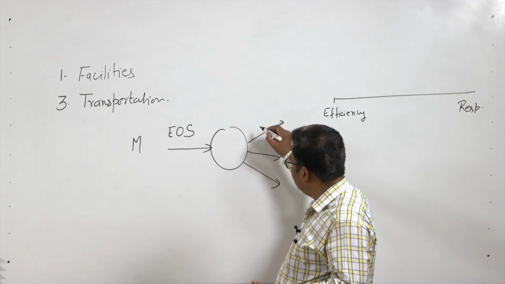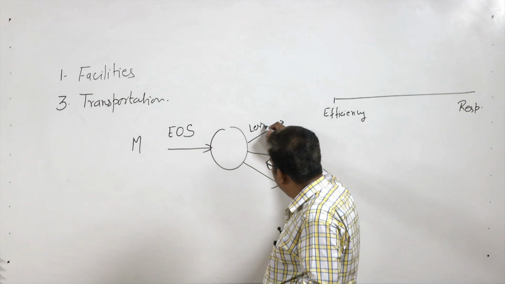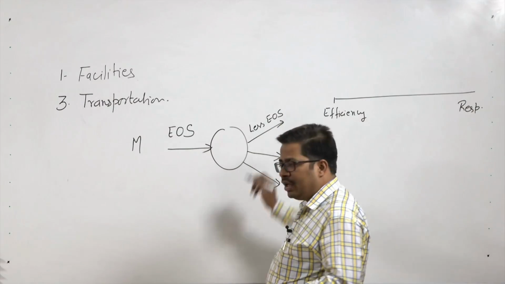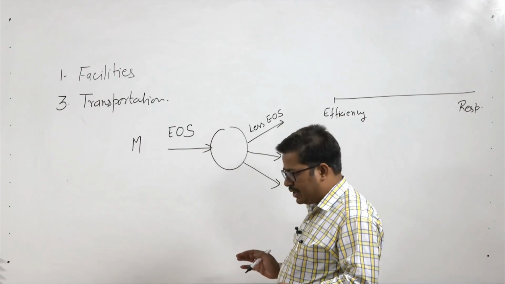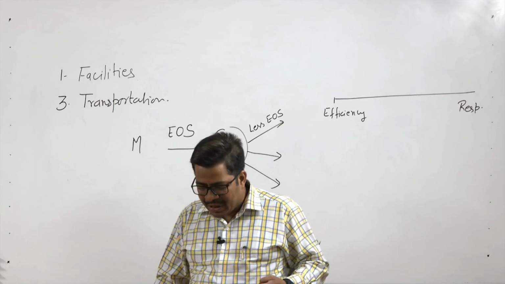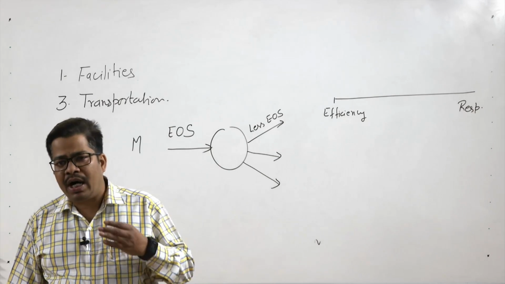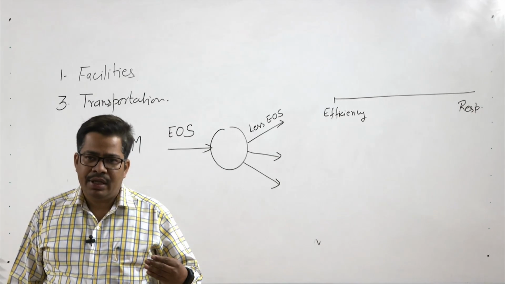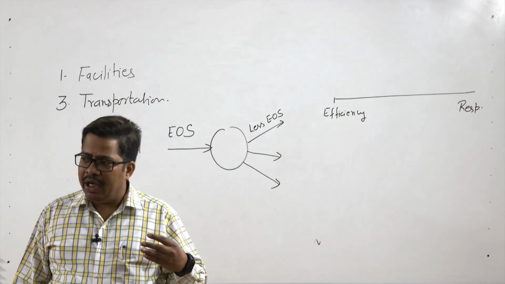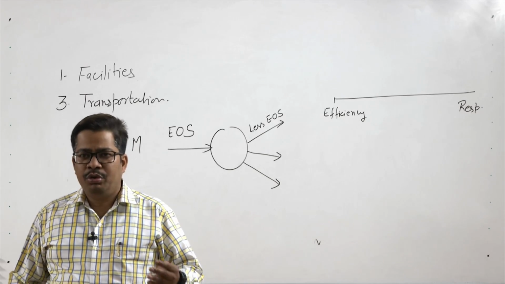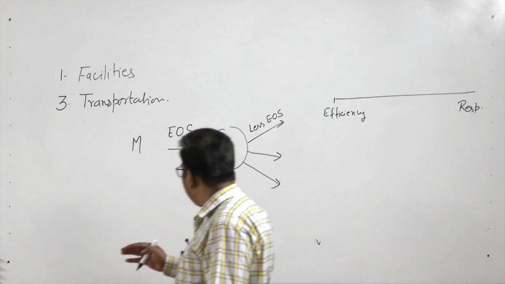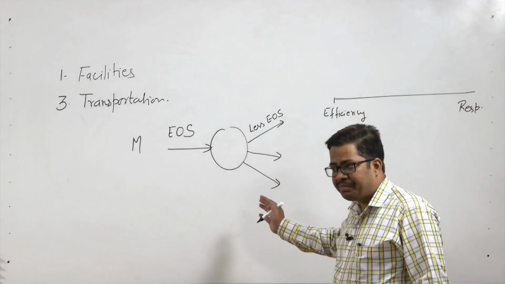So you lose economies of scale in the outbound transportation. What I am trying to say is that you have higher economies of scale in inbound transportation, and to a certain extent you lose them in your outbound transportation.